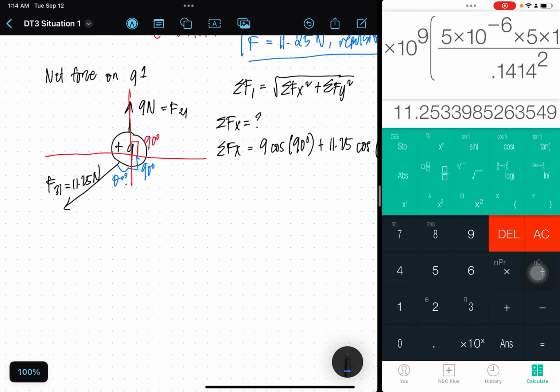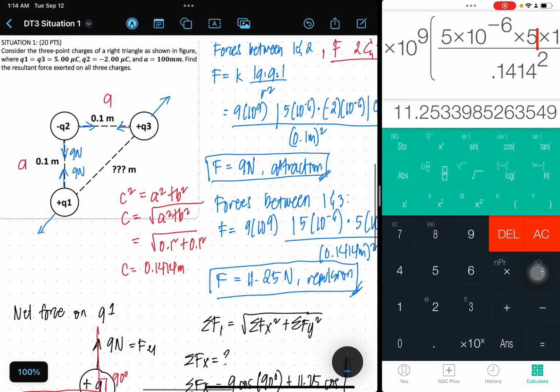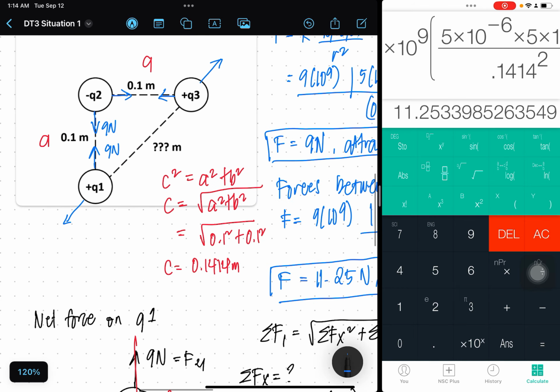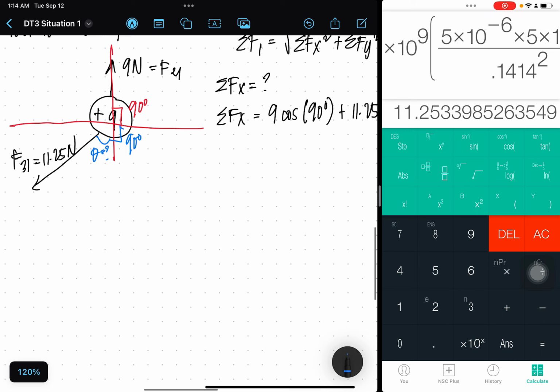Anong degrees yan? So, if we can recall, it is a right triangle. So, 90 degrees to. Drawing ko na lang dito. Ito po yung pinaka-charges natin. 90 degrees to. So, automatic 45 degrees din to.